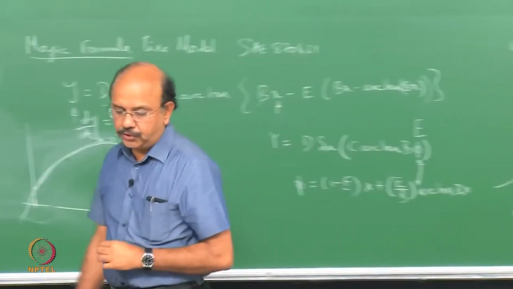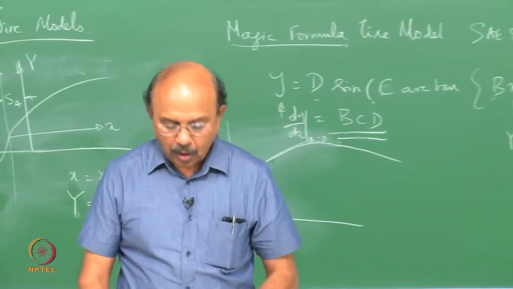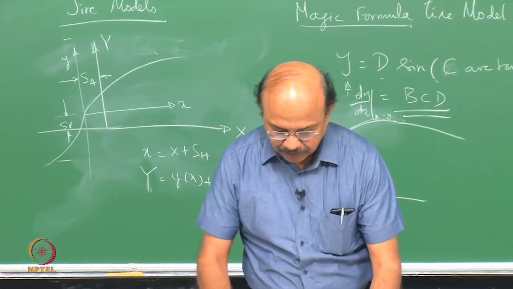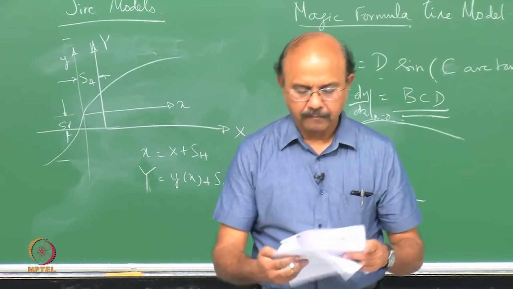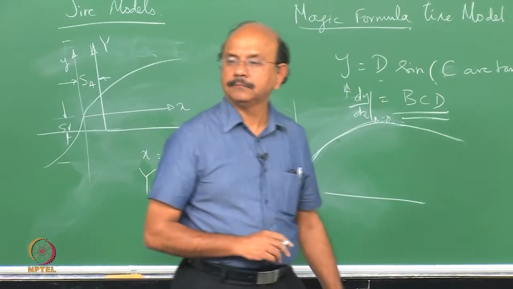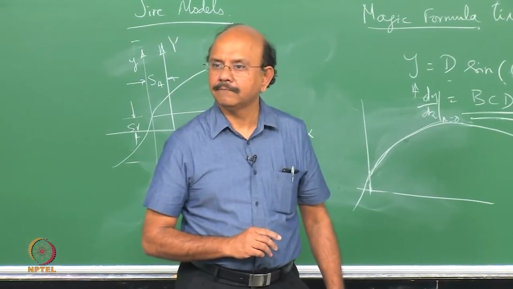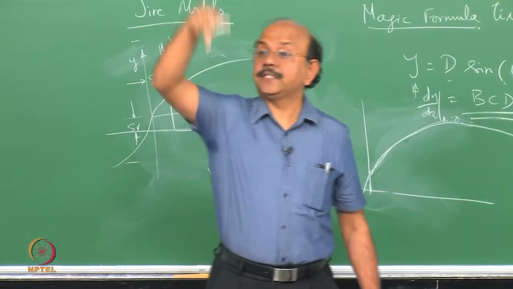So my next job is to find out how I'm going to express these factors B, C, D, and so on. You just said that you want to express BCD as a function of Fz, but Fz itself depends on the slip angles alpha. No, Fz is a normal force.